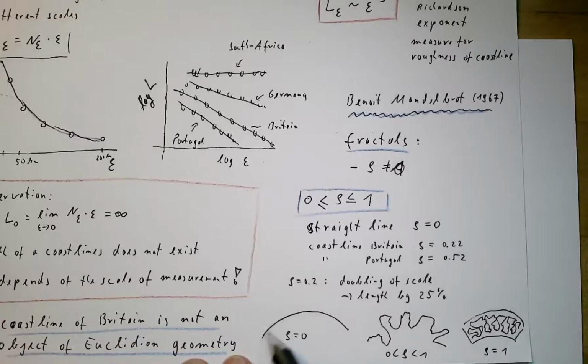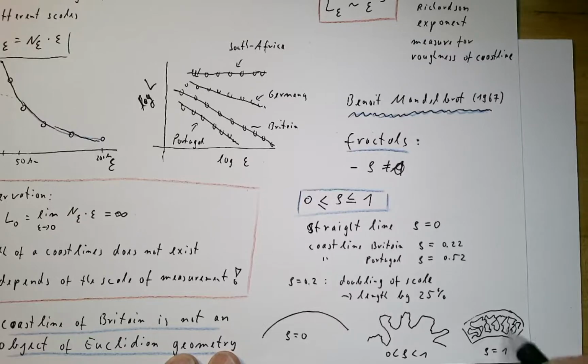And this means, here this smooth line has Richardson exponent of 0, so it has a dimension of 1. This line here has a dimension of 1 plus something. For example, the coastline of Britain has then a dimension of 1.22. And in the limit where the roughness is equal to 1, then we have a fractal dimension of 2.